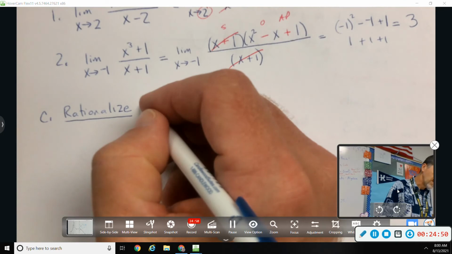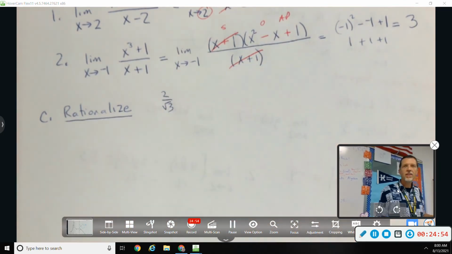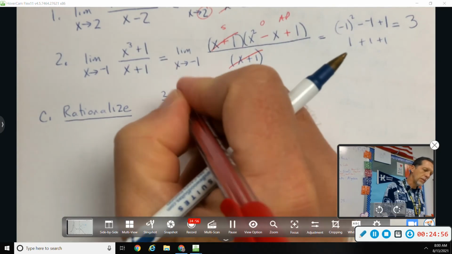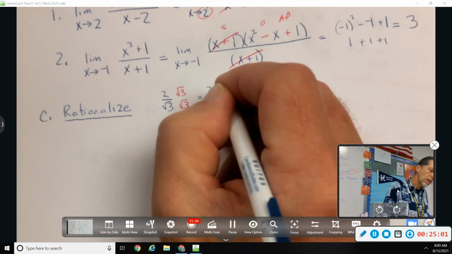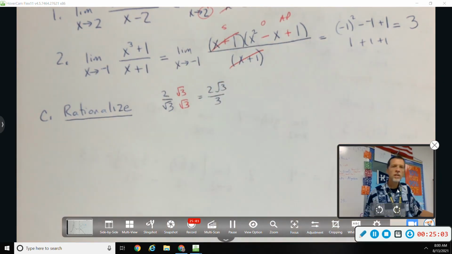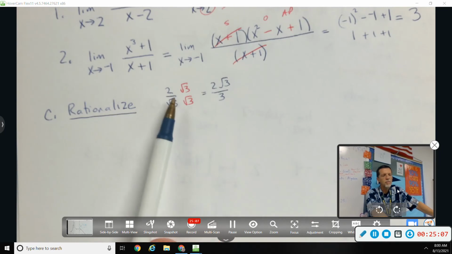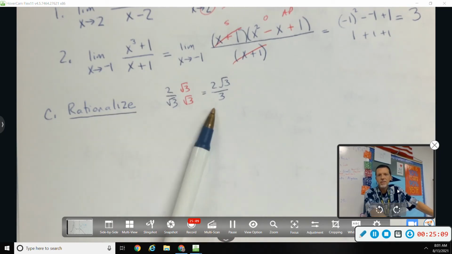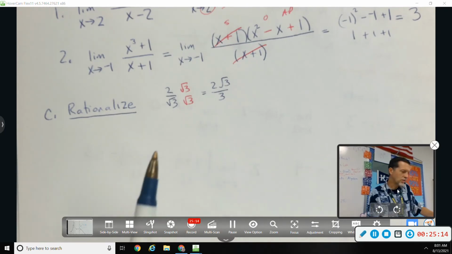So, like if you had 2 over square root of 3, right? You would rationalize the denominator by multiplying top and bottom by square root of 3. All right, so 2 root 3 over 3 is the same thing as 2 divided by root 3. It just looks nicer.